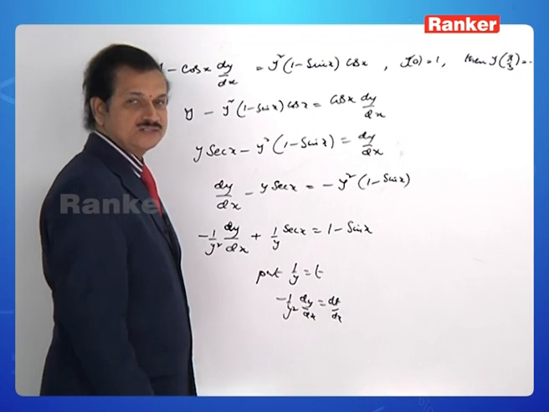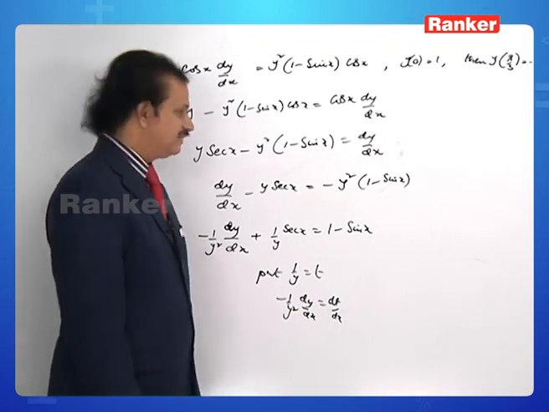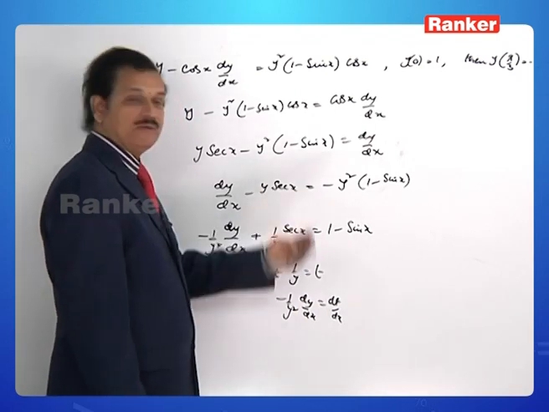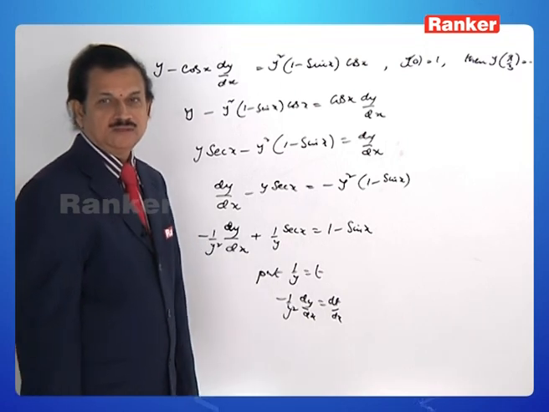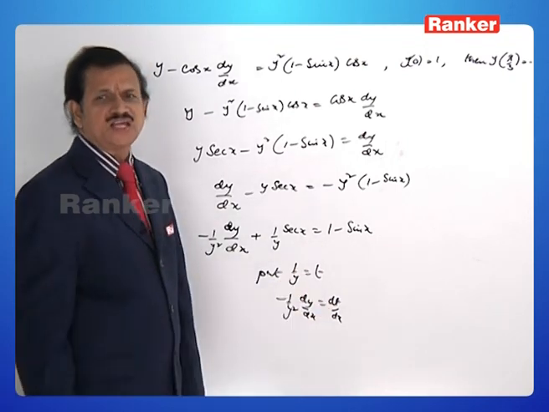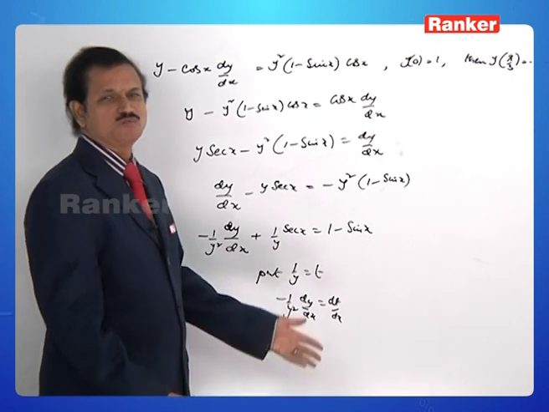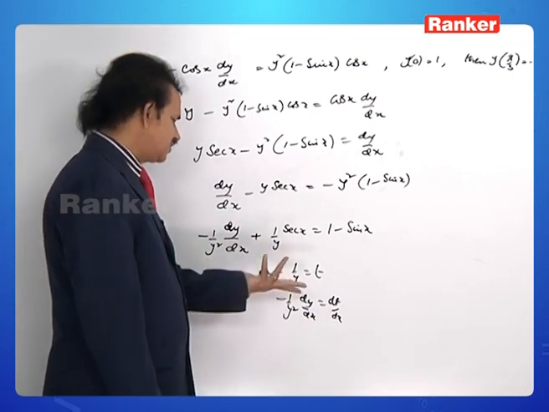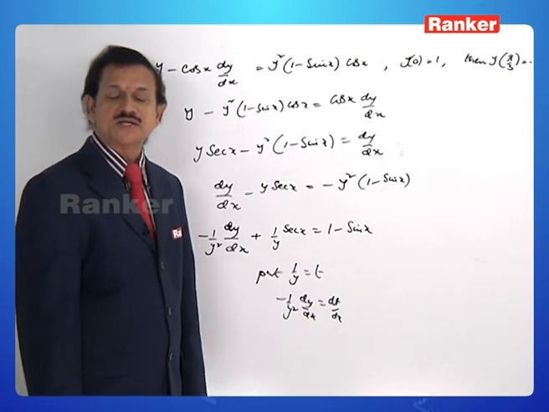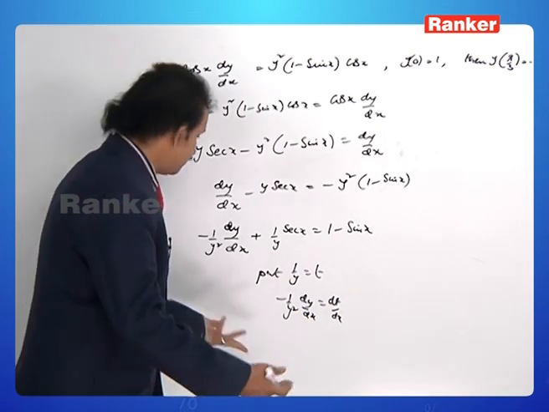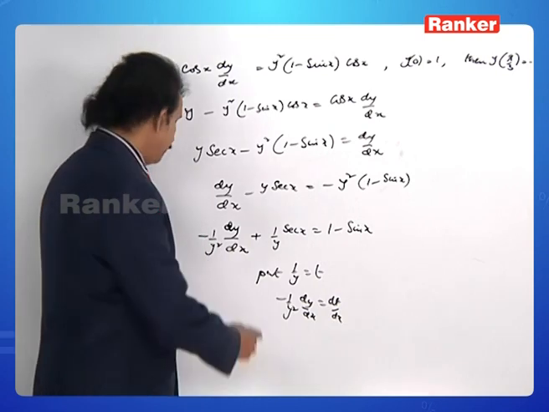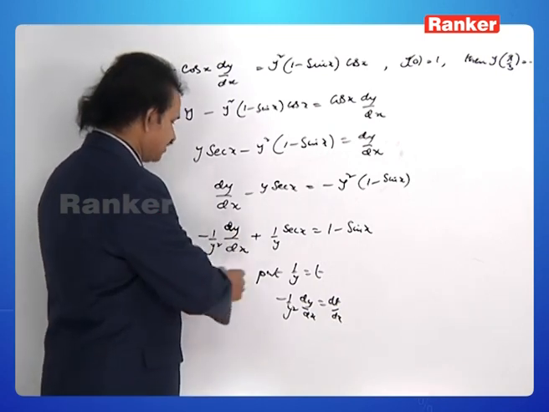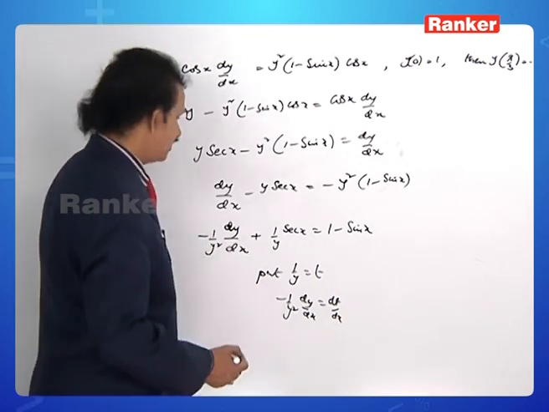Well, my dear friends, I think you can believe that this can be thrown into the Bernoulli's model. Just as there is a special heading, we are speaking of that word Bernoulli. Otherwise, as and when you take 1 by y is equal to t, this is going to be converted into a linear equation, isn't it? Well, so minus 1 by y square dy by dx is just nothing but dt by dx.